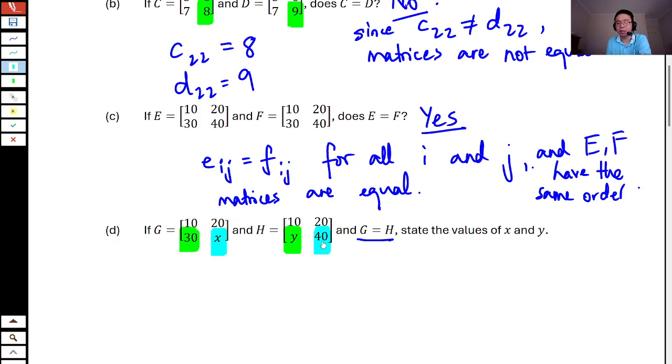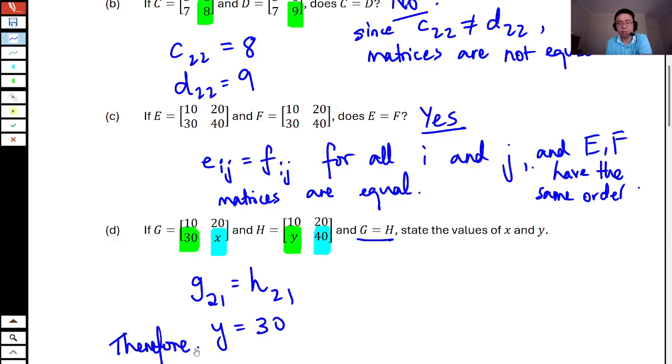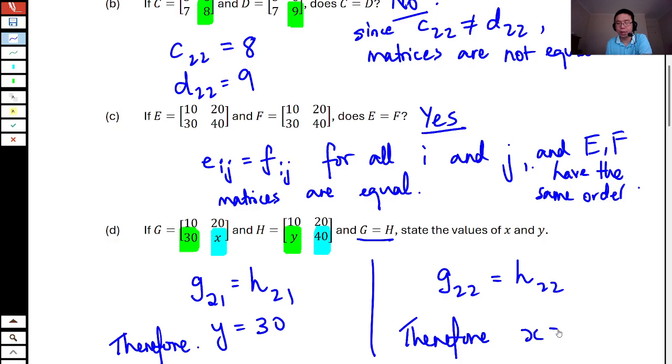The number x and the number 40 are in the same position as well. So mathematically what I could write is G21 equals H21. And so y equals 30. Sorry, y equals 30. And I could also say G22 equals H22, and therefore x equals 40.